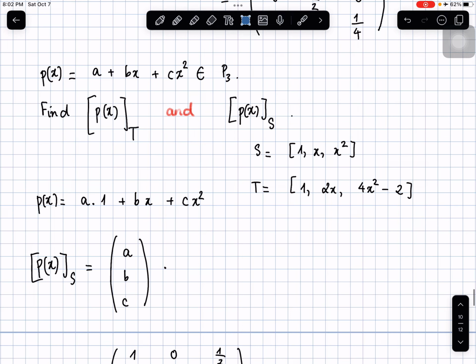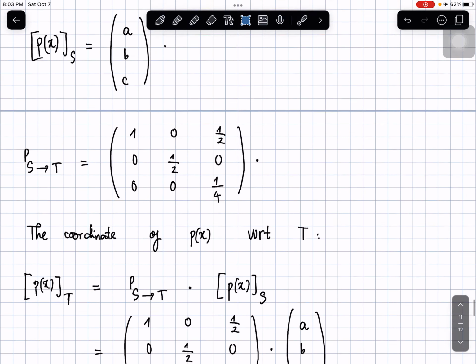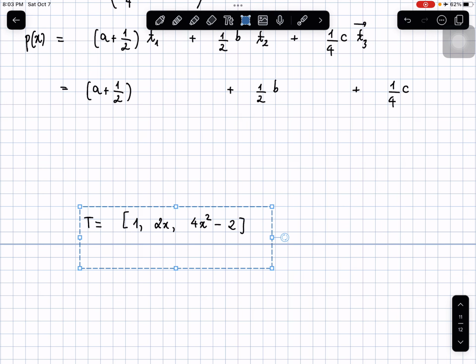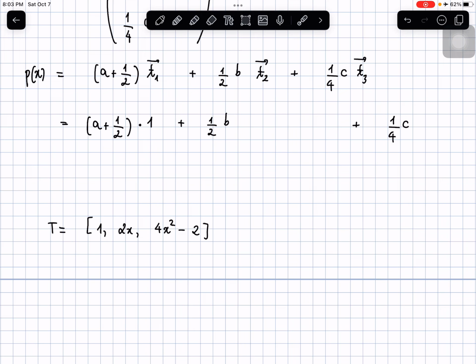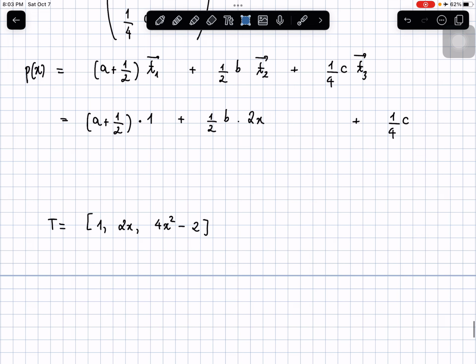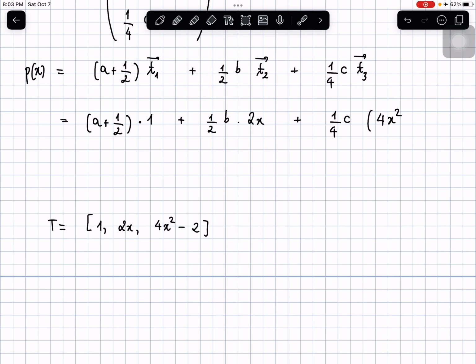T1 here is just 1, right? So we don't even need to write times 1 here. But it's equal to a plus 1 over 2 c. We have T2 as 2 times x. We have T3 as x squared over 2.